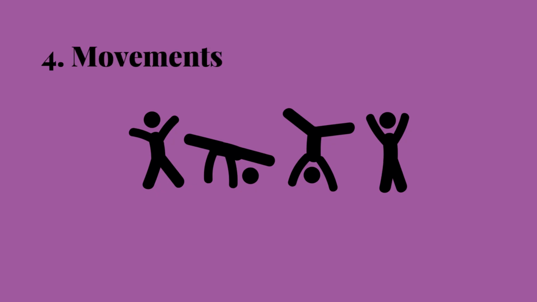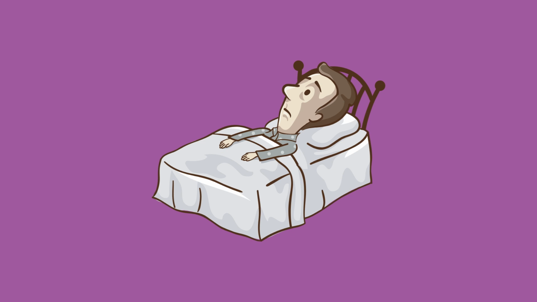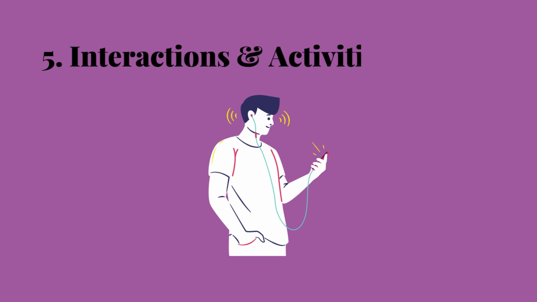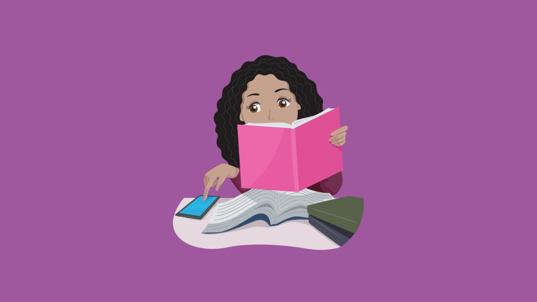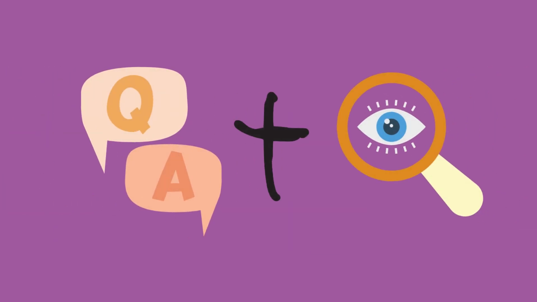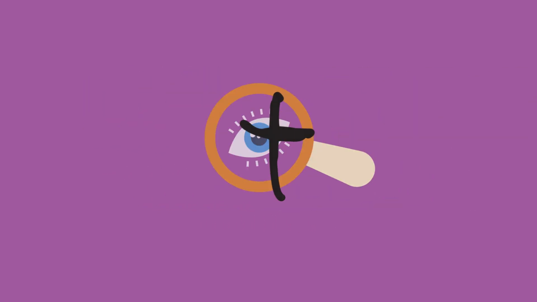A fourth observation relates to the patient's movements. Note if your patient is restless, tense, or holding a part of their body that is hurting, for instance. Fifth, you will want to observe the patient's interactions and activities. Perhaps they are avoiding conversation, trying to distract themselves with an activity, or having difficulty concentrating when you are talking to them. In summary, ask and observe your patient when you regularly assess their pain.